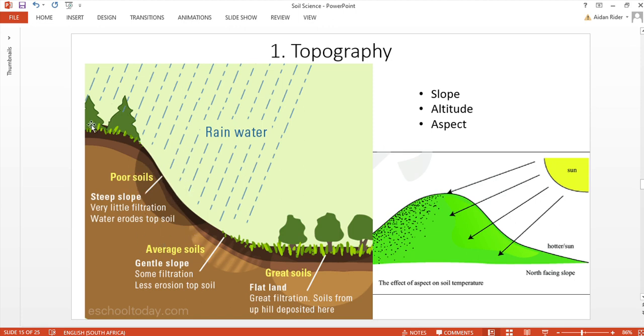But on the tops and on the bottom of the slopes, there's usually a larger deposition of soil, so the plants can grow easier. Also with great infiltration and so on, so water stays here. But with a slope, the water just drains downwards.